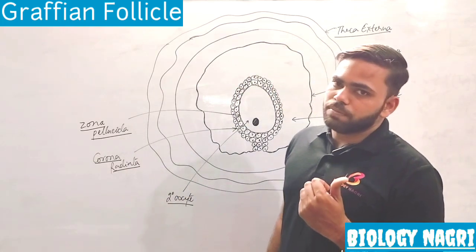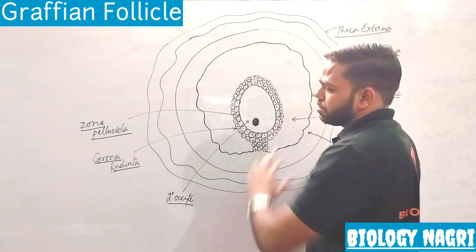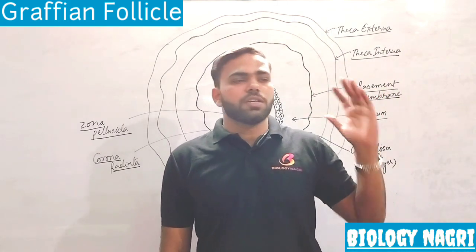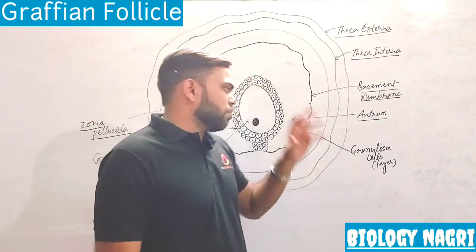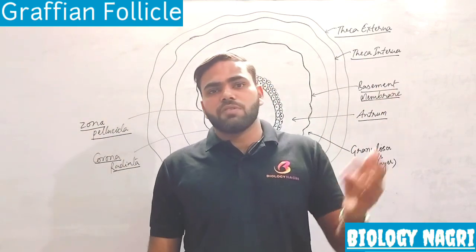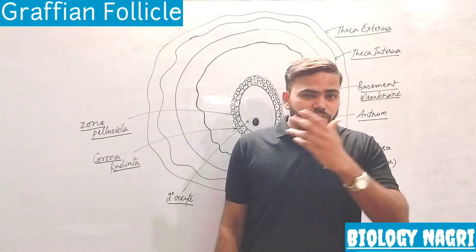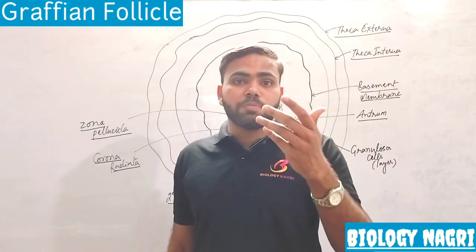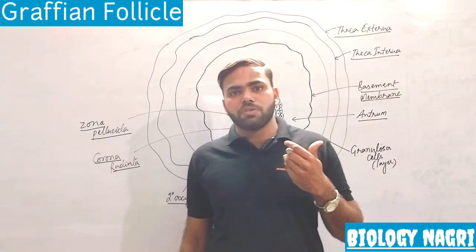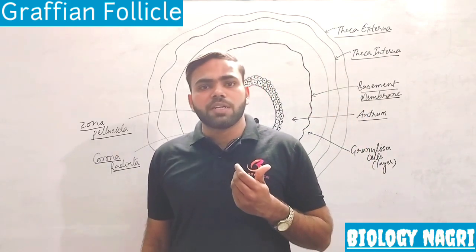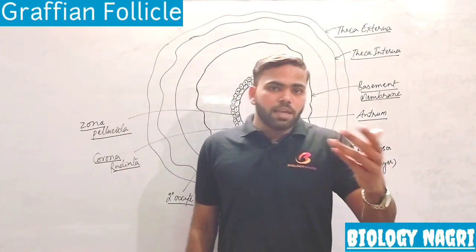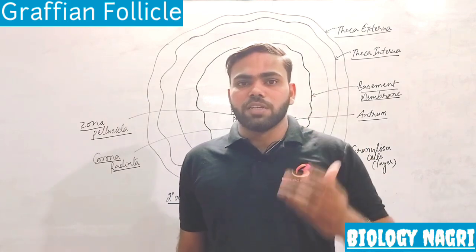After the secondary oocyte leaves the Graafian follicle, the rest of the portion forms the corpus luteum, which starts releasing progesterone, called the pregnancy hormone. It is very important during pregnancy for maintaining the endometrium walls and preventing their degradation, so that we can establish the pregnancy successfully.